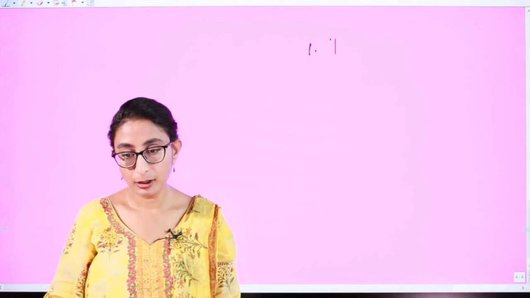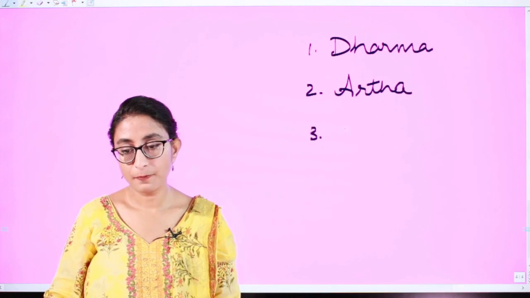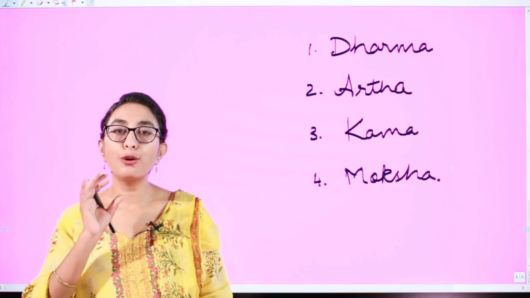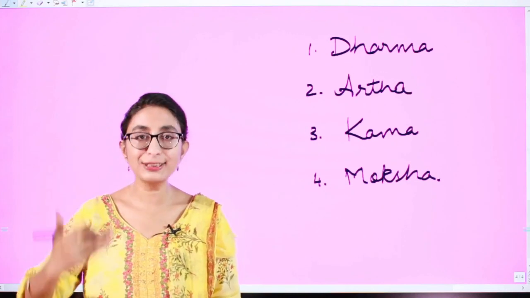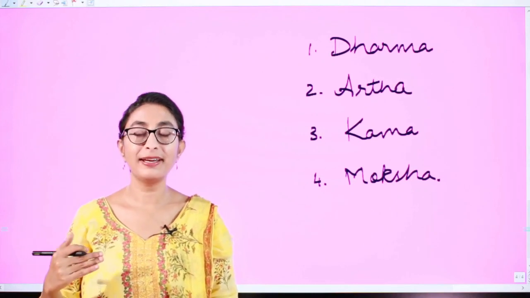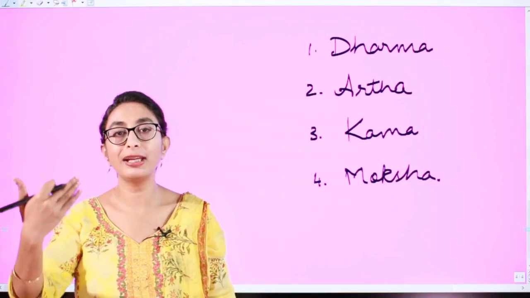First one is Dharma, second one is Artha, and third one is Kama, and fourth one is Moksha. Okay, so you should always study these four goals in this order only, and even in your exam you have to write it in this order only, and later I will be telling you why it is supposed to be followed in this order only.